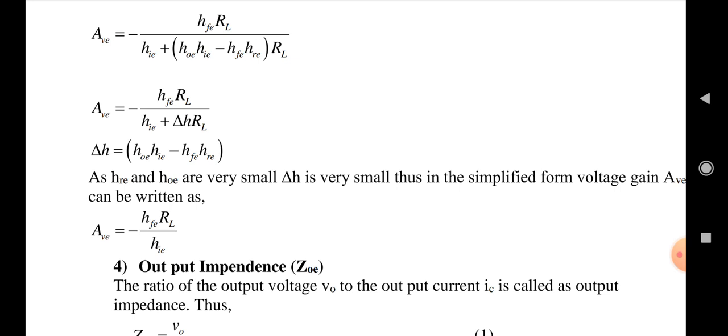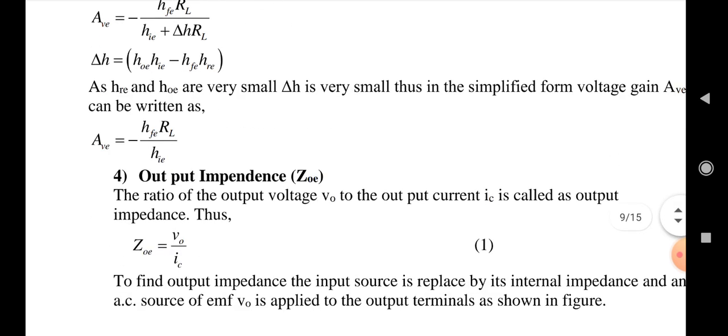The next parameter we discuss here, output admittance. Output admittance is denoted by Z_oe. The ratio of output voltage V_o to the output current I_c is called as output impedance.